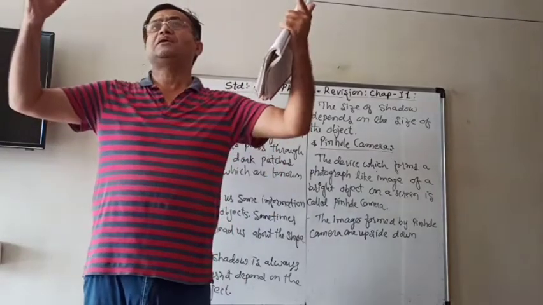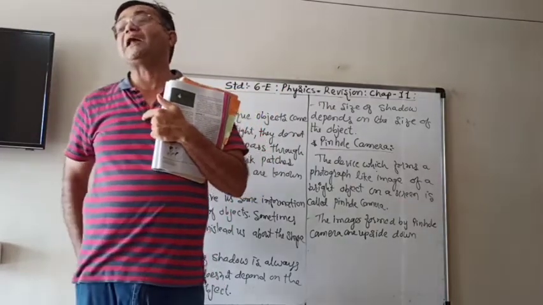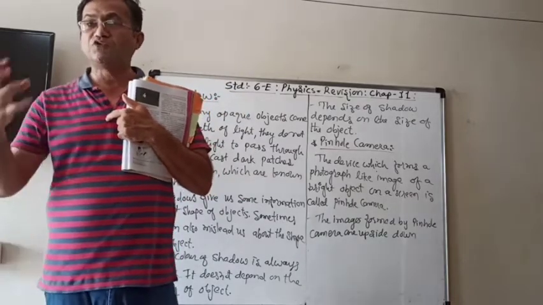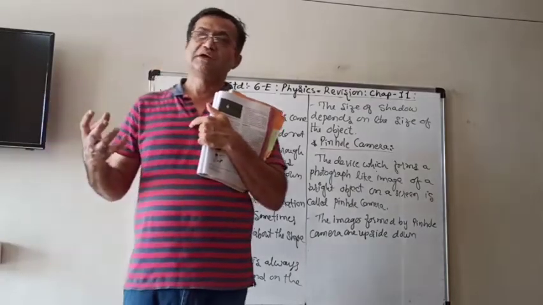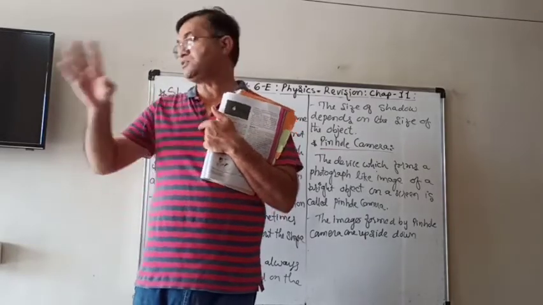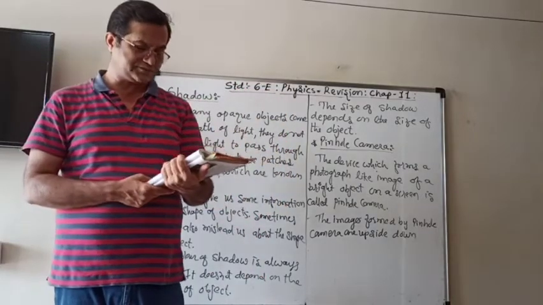Similarly, it depends on which side the light is coming from, falling on that object, and which part is in front of the light, and according to that you will get the shadow of the object.